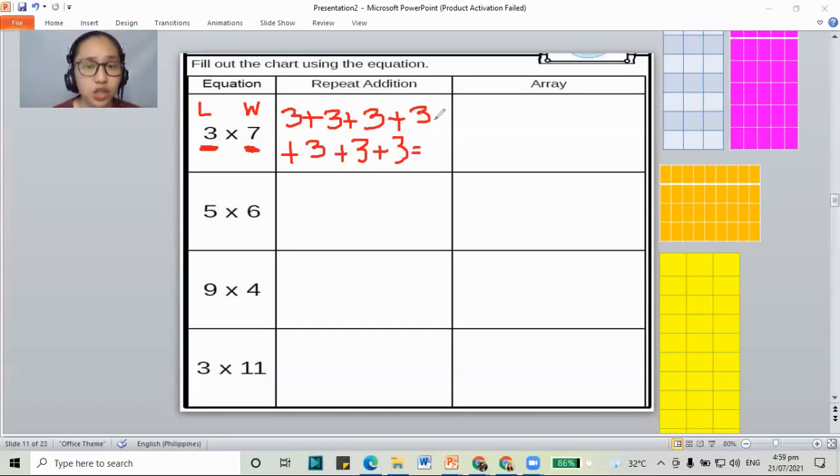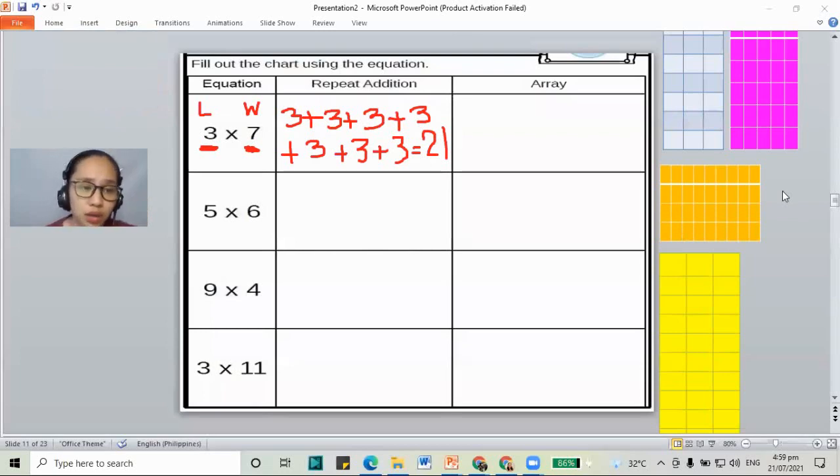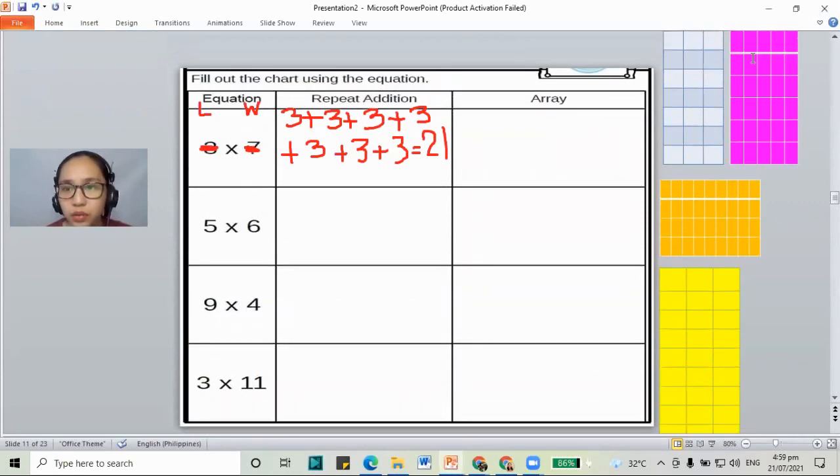Let's try to skip count. We have 3, 6, 9, 12, 15, 18, 21. This will become 21. And let's do our arrays. Remember, the arrays are the squares that we make. So in a row, there should be 3. Let's check what are the squares here that we can use to fill in.